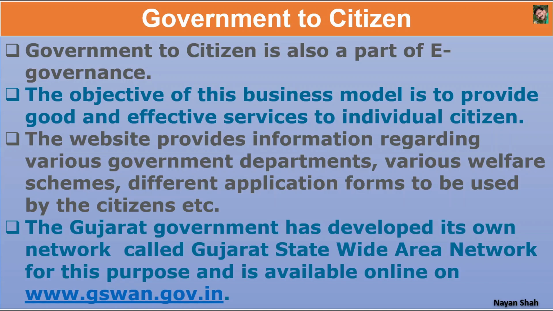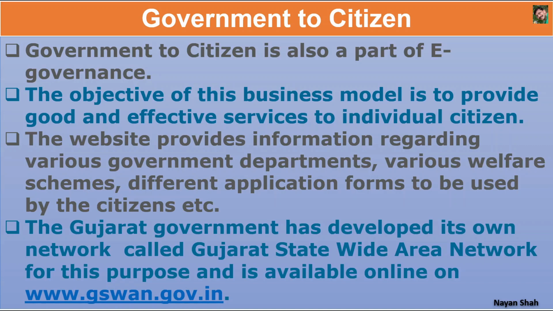So in short, it protects our rights. Those websites which help us know our rights and execute our rights are government to citizen, or G2C, websites. The website provides information regarding various government departments, various welfare schemes launched by the government, different application forms to be used by citizens, etc.